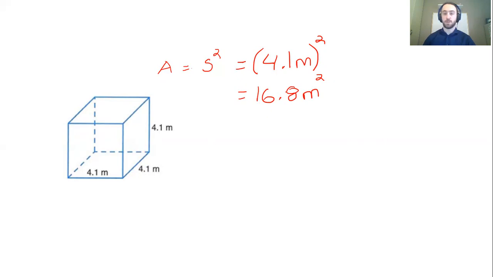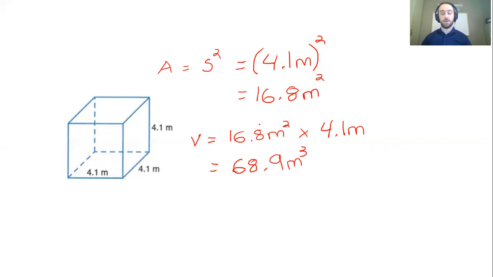And now we multiply that by our depth, which is 4.1 as well, because it's a square. So our volume is equal to 16.8 meters squared multiplied by 4.1 meters, giving us a volume of 68.9 meters cubed.